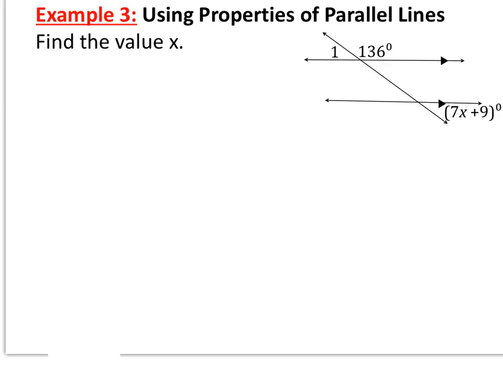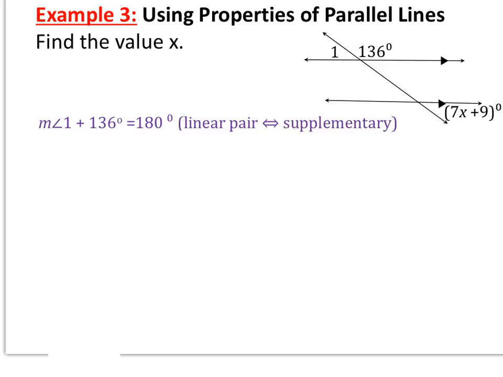We also can see that we have consecutive exterior angles, which we haven't really talked about, but that is an option. And we have a linear pair. So anytime you have two adjacent angles sharing opposite rays, a straight angle, that's going to be supplementary, a linear pair. So we've got some options here to consider. So let's take a look.